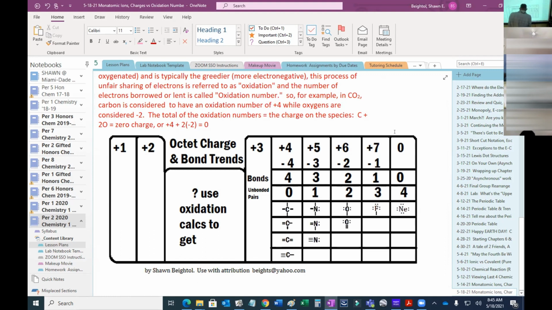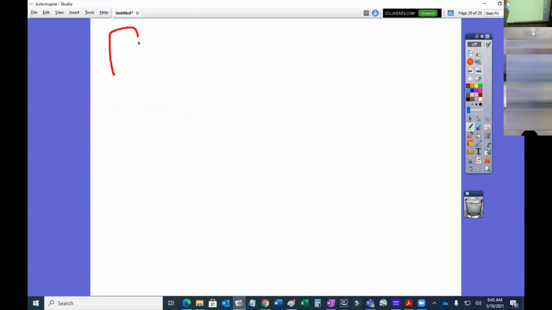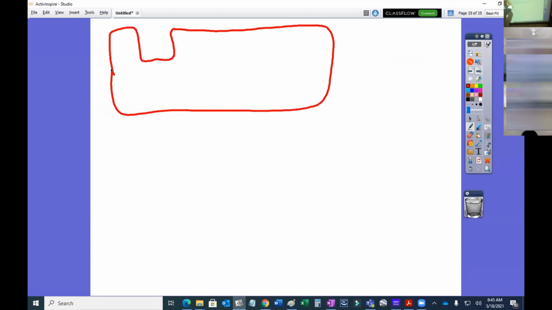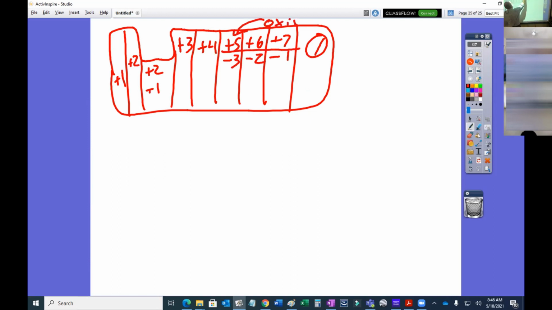So I'm going to go back to that. There's no periodic table. I'm just going to count all the way across to 0. These are oxidation numbers.